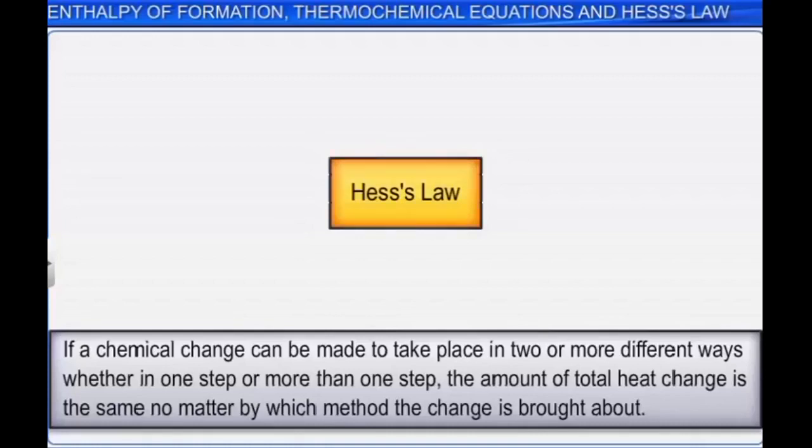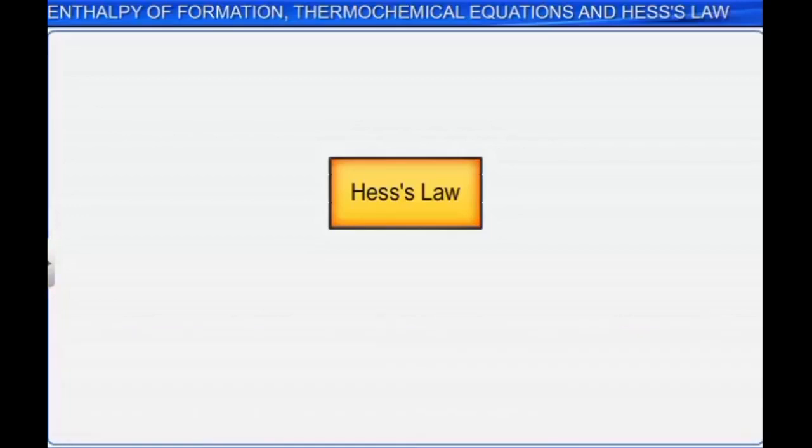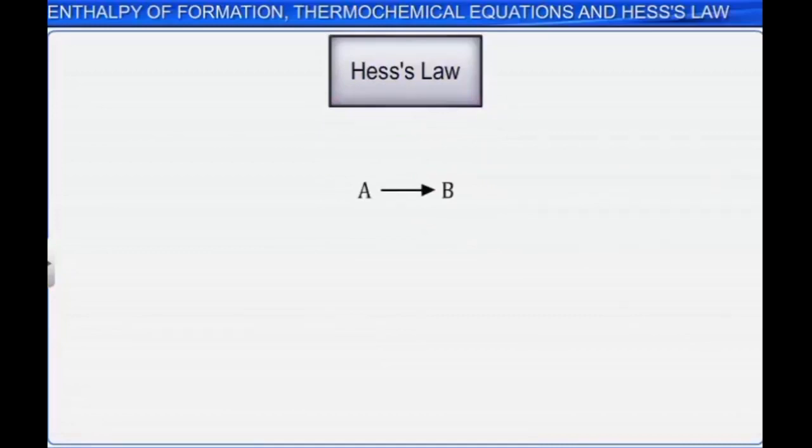Hess's law states that if a chemical change can be made to take place in 2 or more different ways, whether in one step or more than one step, the amount of total heat change is the same no matter by which method the change is brought about. For example, the enthalpy of an overall reaction A giving rise to B along one route is ΔrH.